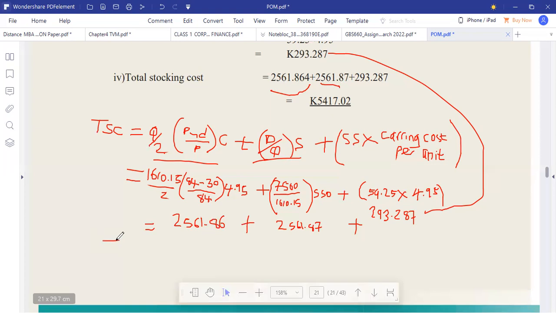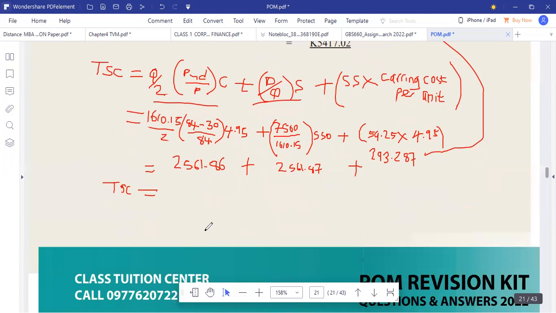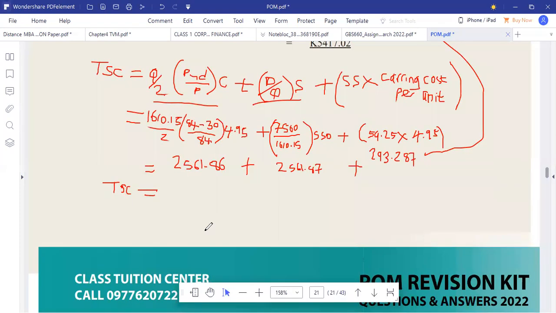So our total stocking cost due to safety, or TSC, is actually going to be, we can add those ones. 2561.86, then multiply by 2, and plus the 293.287.